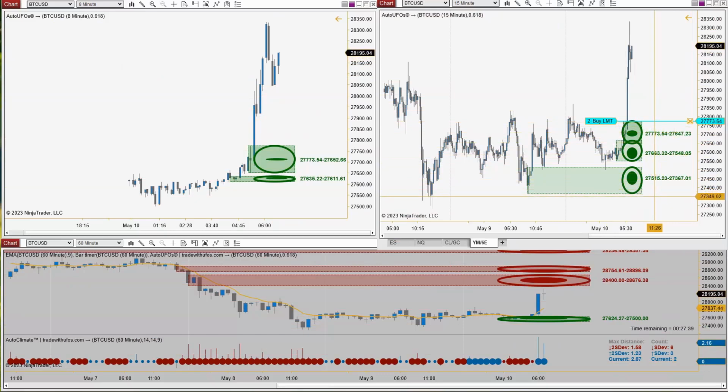And on top of that, in order to make this work to the extent that it's supposed to work, you need to say to yourself, I'm going to have a T1 that's a 1-to-1, and that should be a number that's easily reachable, right? So if our entry is down here at 27,773, and we make our stop all the way down here, let's say 27,350, that's close to $400 away from where we're entering.